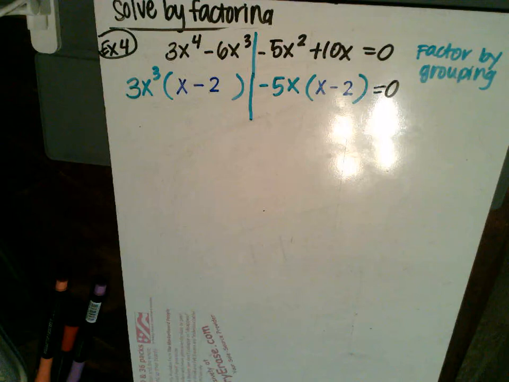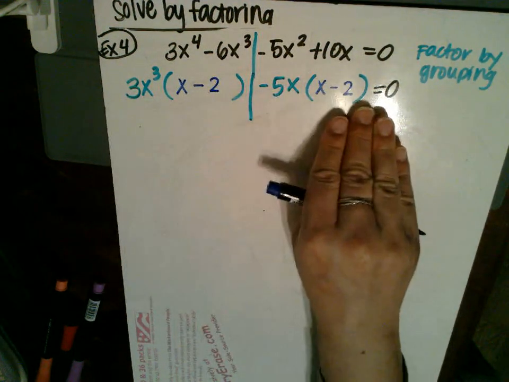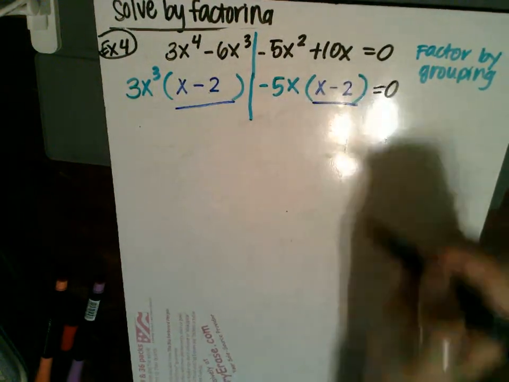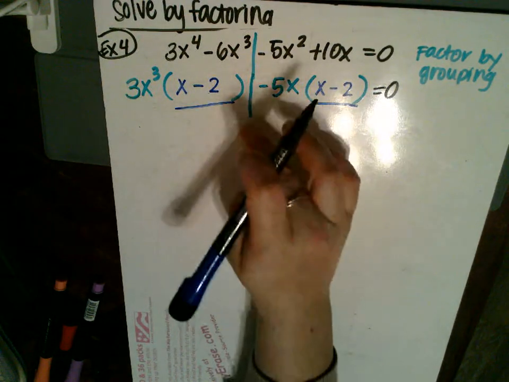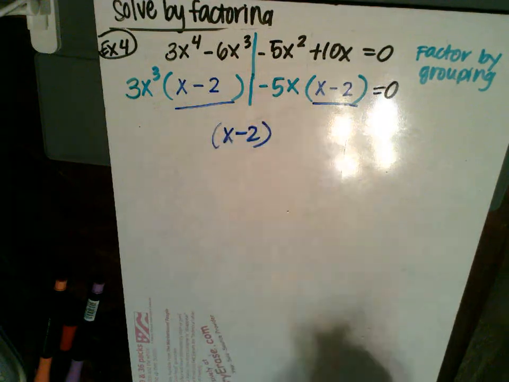Still have our equations equal to 0. So when you factor by grouping, what you should end up with is 2 factors on either side that are exactly the same, a perfect match. And in this case, it's x minus 2. So we keep our perfect match as x minus 2.